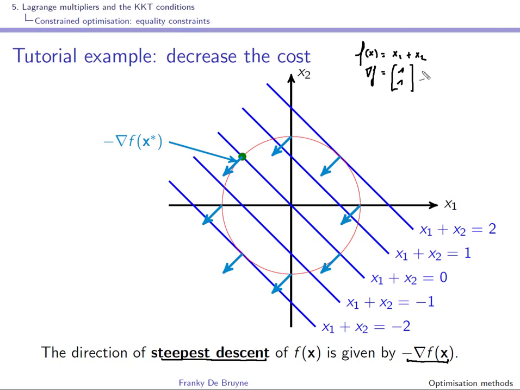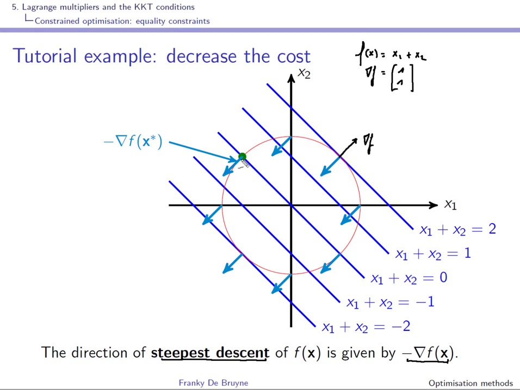Notice that this gradient is independent of x1 and x2, and this gradient will be pointing in this direction, right? This is the direction of steepest ascent, and this is the direction of steepest descent.